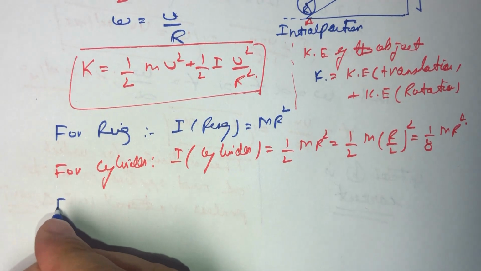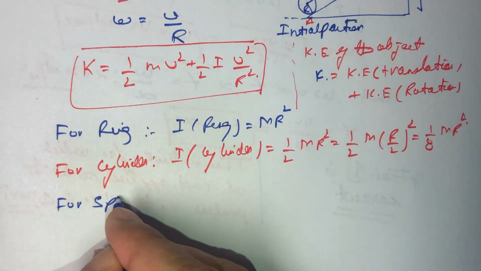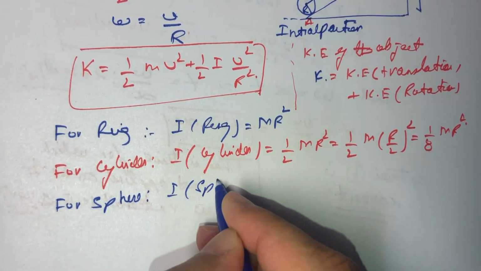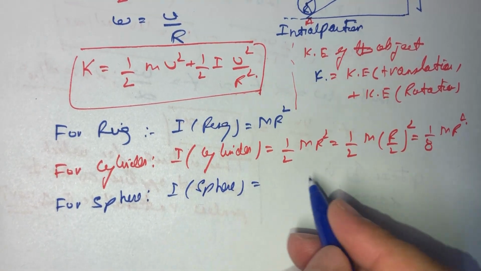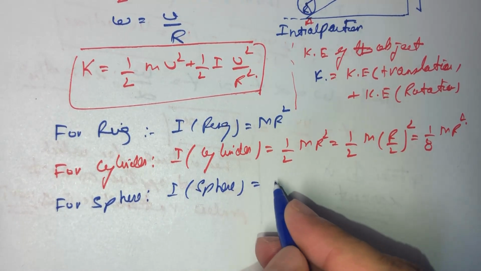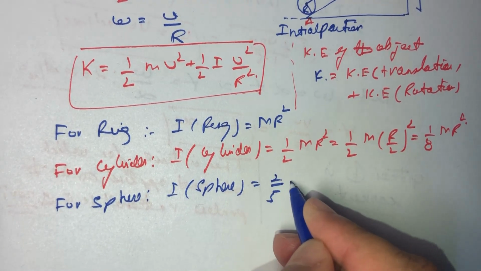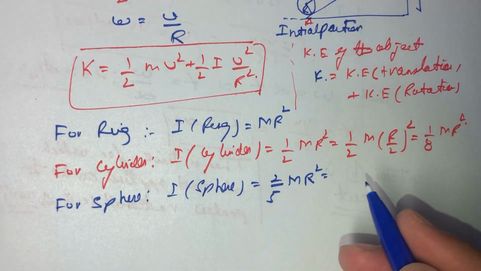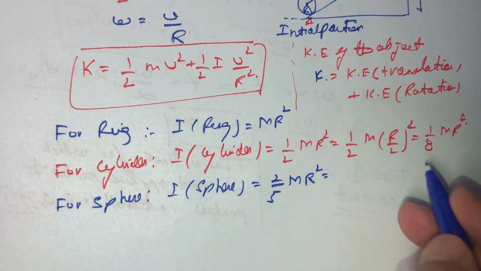And last is a solid sphere. For a sphere, its moment of inertia is given as 2 by 5 mr square, and the radius in this case is r by 4.